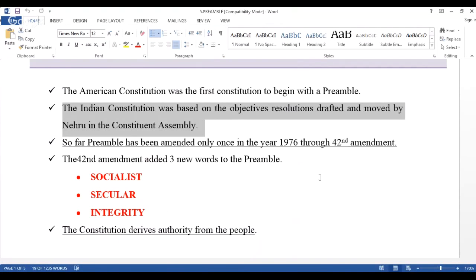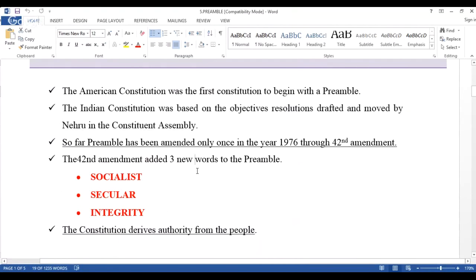So far, the preamble has been amended only once, and it happened in the year 1976 through the 42nd Amendment. And at the time, Srimati Indira Gandhi was the Prime Minister of India. And the 42nd Amendment added three new words, one, two, three: socialist, secular, integrity. Okay, and the Constitution has derived its authority from the people. Am I clear? So please remember this and just read these points. I'll join you within 30 seconds. Read the points.